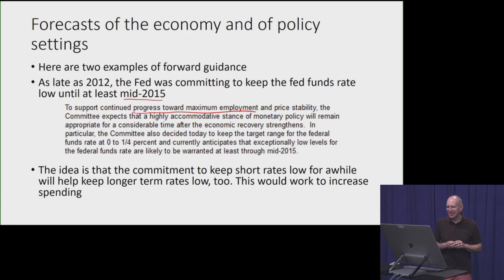The committee expects that a highly accommodative stance of policy will remain appropriate for a considerable time after the economic recovery strengthens. In particular, the committee decided today to keep the target range for the federal funds rate at 0 to 1/4, so this is when they're at the zero lower bound, and currently anticipates that exceptionally low levels for the federal funds rate are likely to be warranted at least through mid-2015.